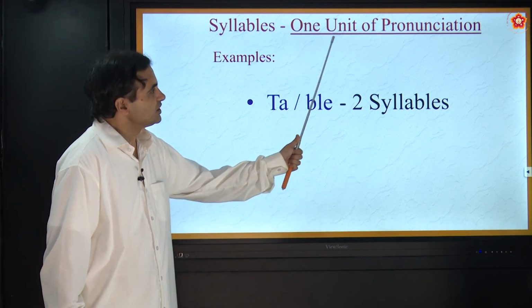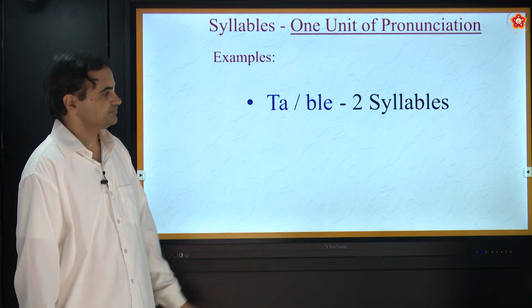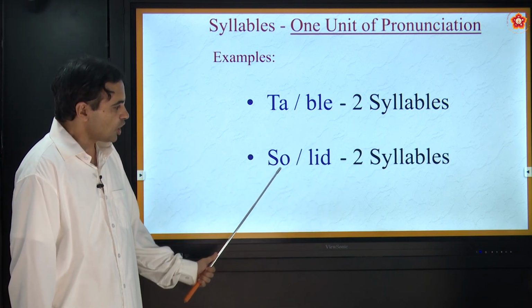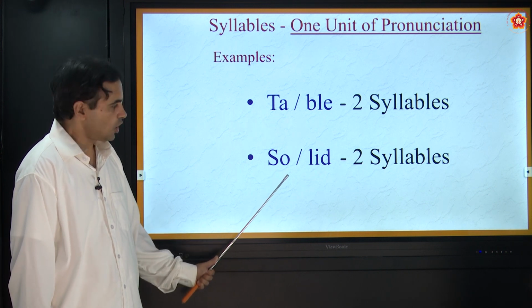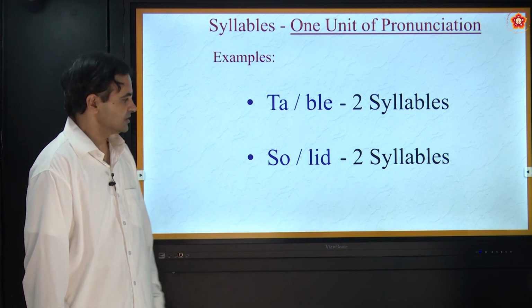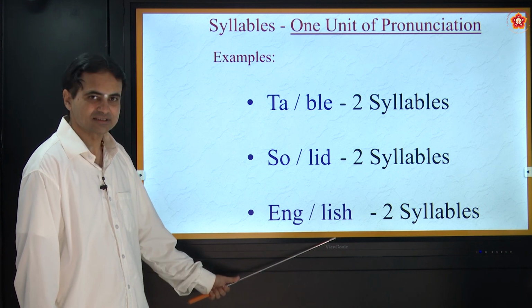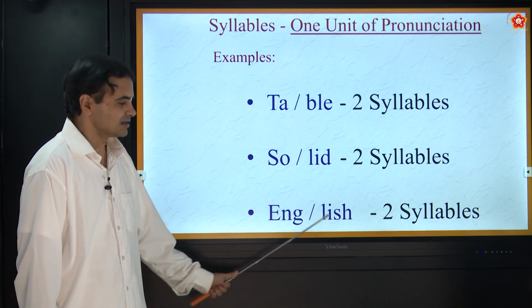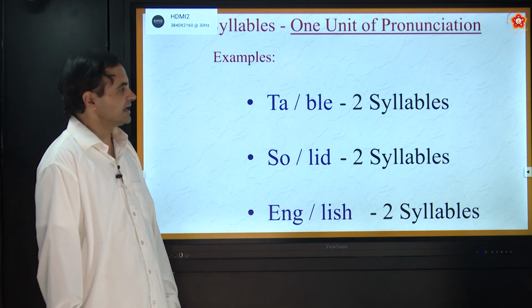So, 1 unit of pronunciation is 1 syllable. This is 2 syllables. Table. Solid. See, solid. 2 times, 2 syllables. Next one, English. 2 times, we pronounce English. 2 syllables. All right.